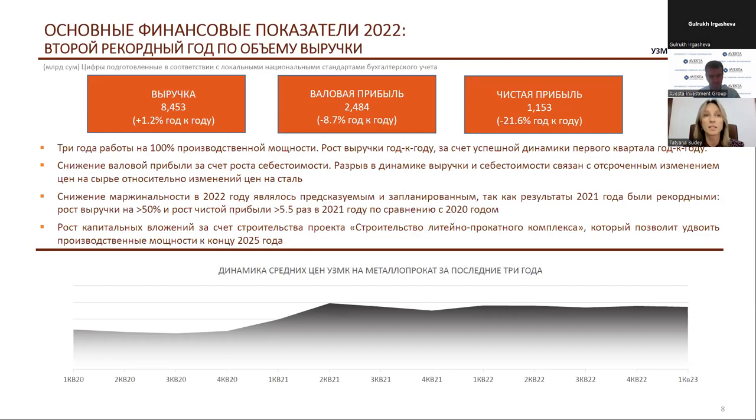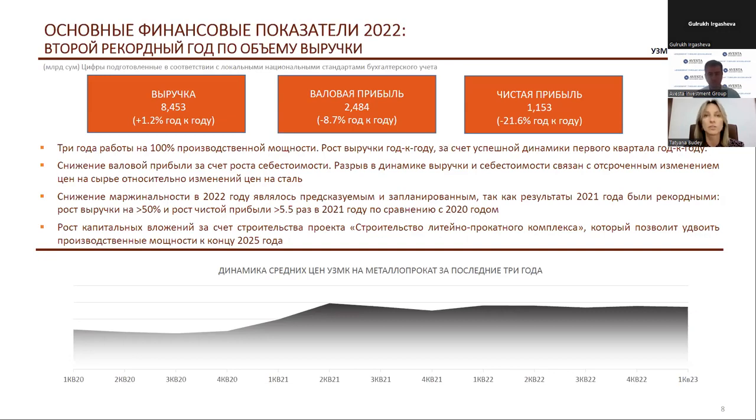Please see the chart on the slide. And regardless of the softening steel prices globally, in Uzbekistan, we see demand that is stronger than the supply, so it helped us to operate with relatively stable pricing.